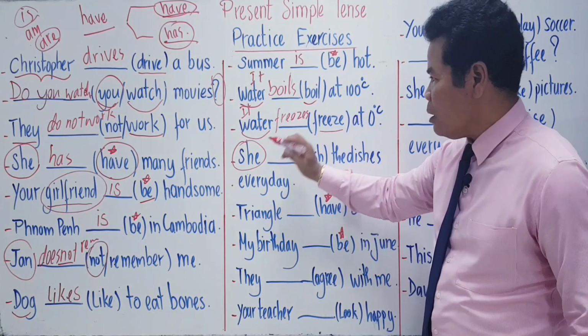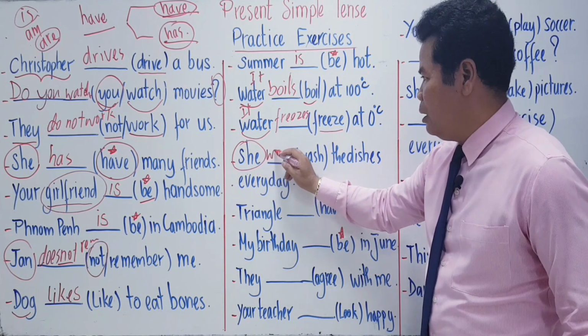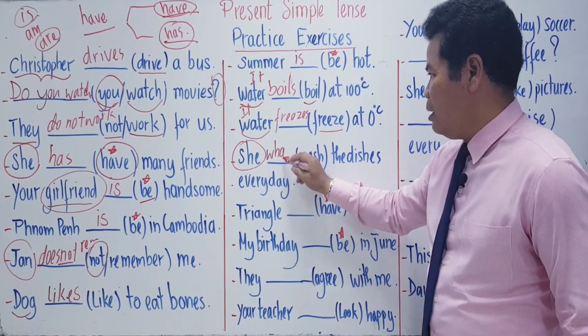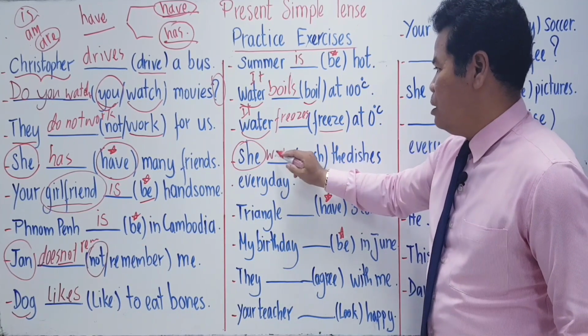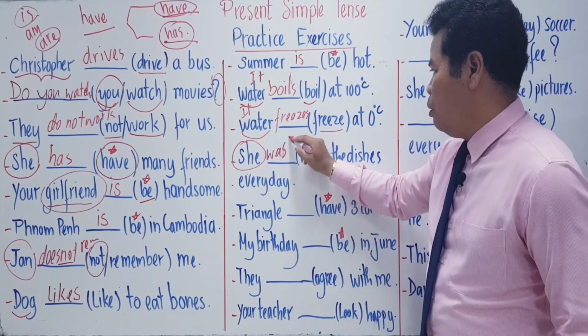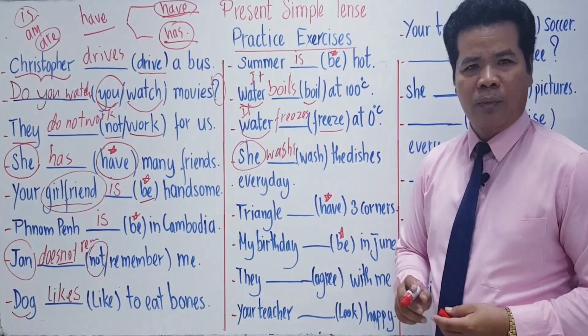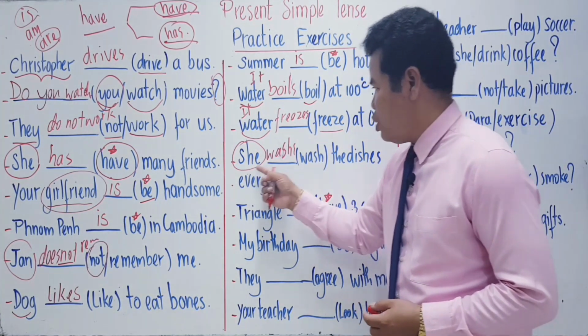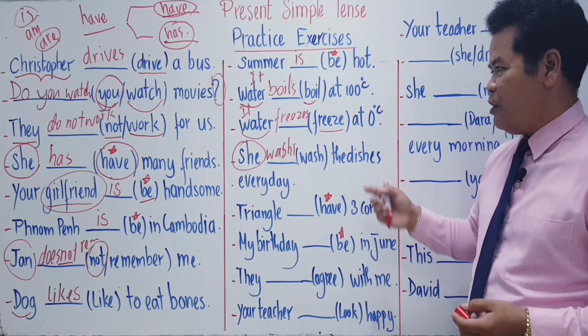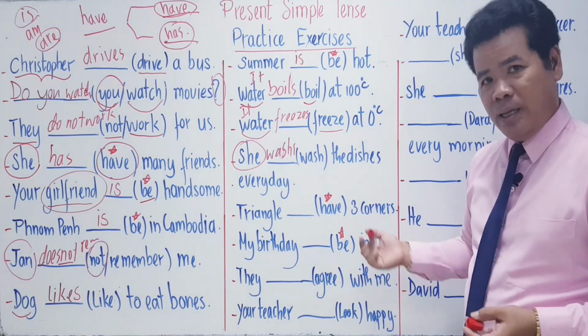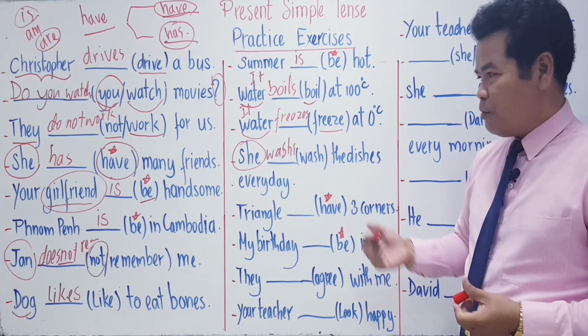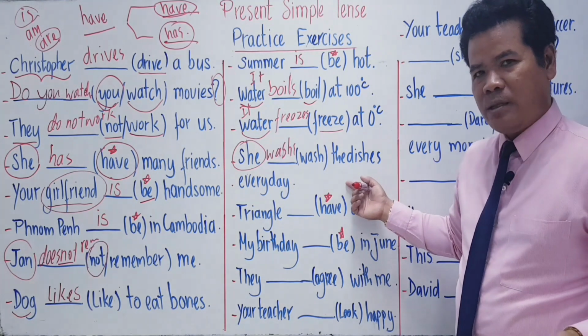Okay, now here we go. She, can I say she wash the dishes every day? Can I? Is it right? It's not right.